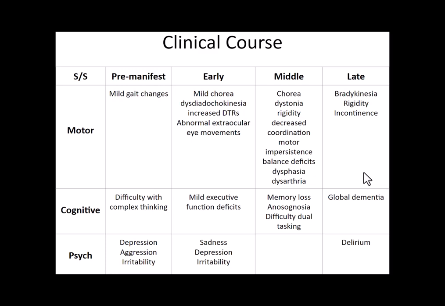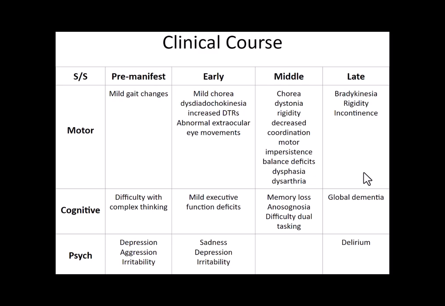Next stage in the clinical course of Huntington's disease is called the early stage. Motor symptoms that you might notice are a mild chorea, a dysdiadochokinesia or difficulty with rapid alternating movement.